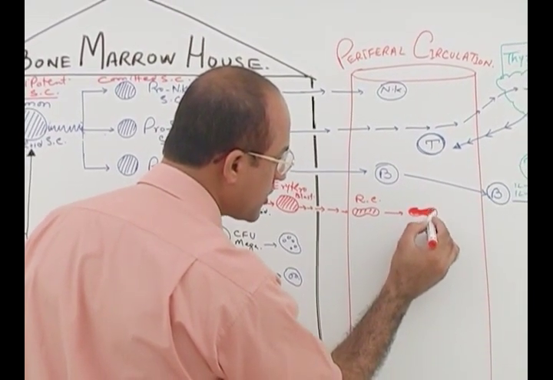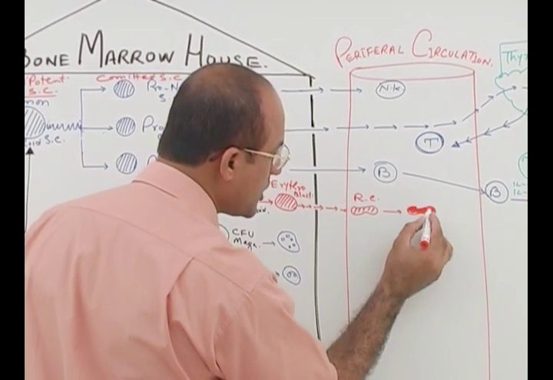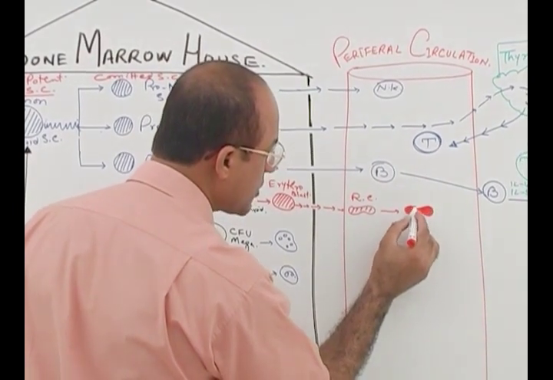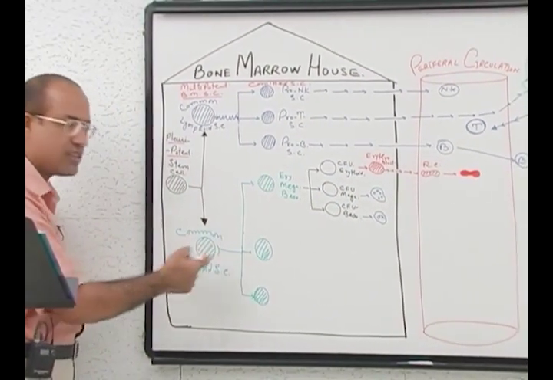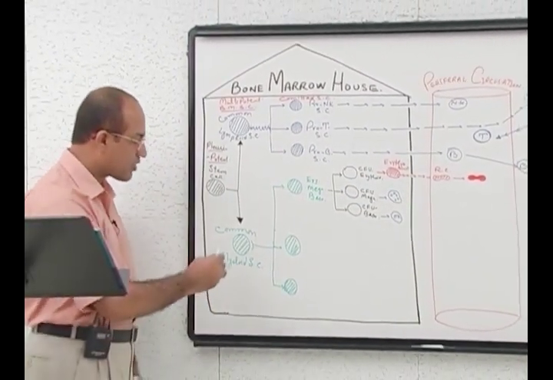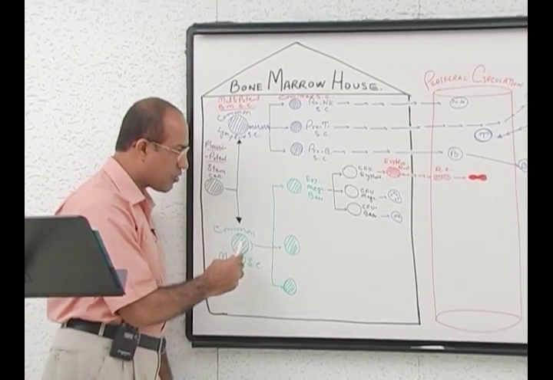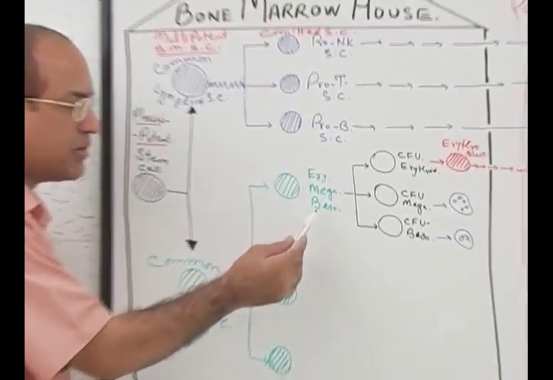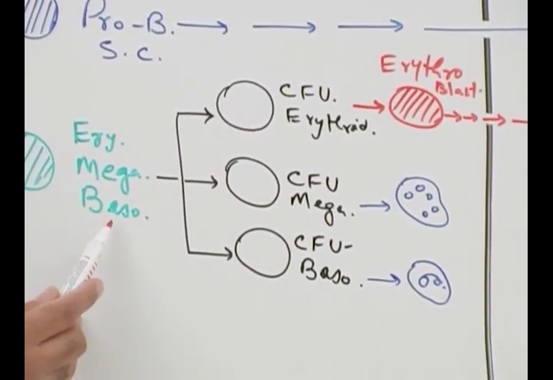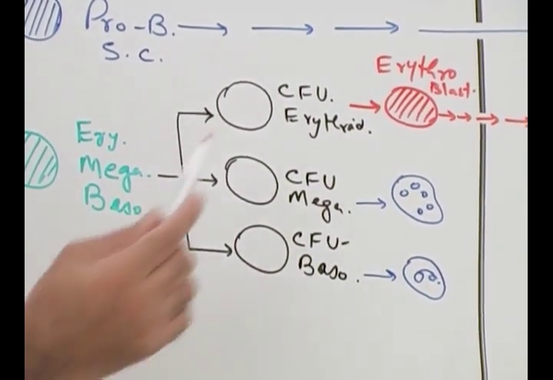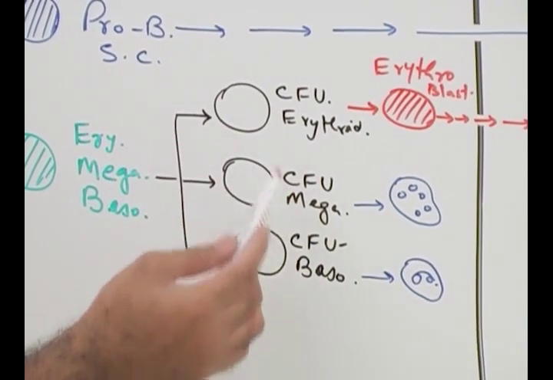Which will eventually convert into mature RBC. The point which you need to note here is that this mature RBC is a product of the common myeloid system, right? Common myeloid stem cell converts into erythroid, megakaryoid, basophilic committed stem cells, and these may go into erythroid, megakaryoid or basophilic colony forming units.